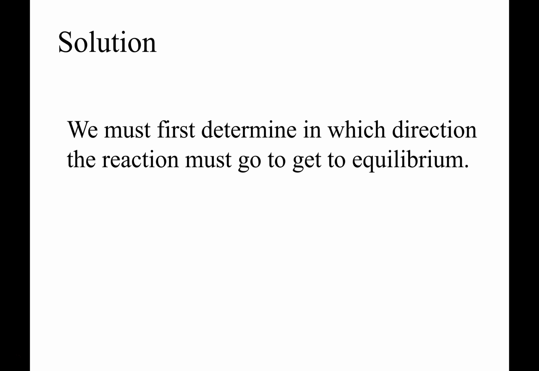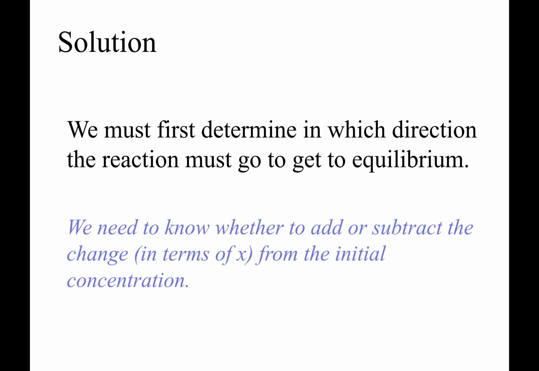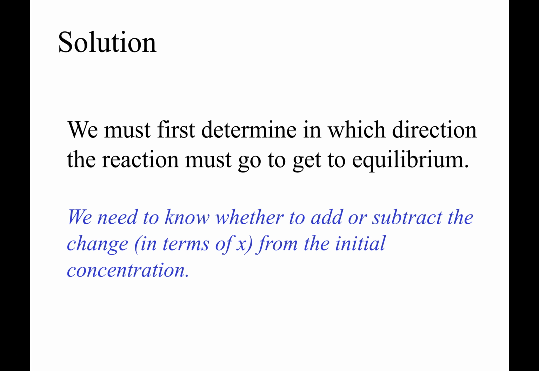Like I said, you need to know whether you're going to form products, so your products are building and your reactants are getting less, so these will be negative and that will be positive, or whether your products are going back to form reactants.